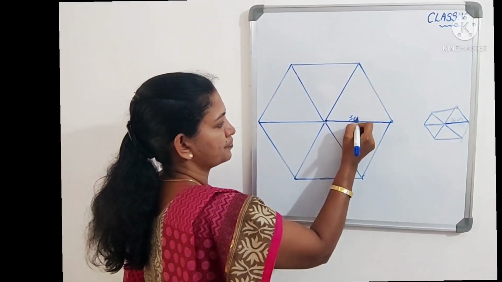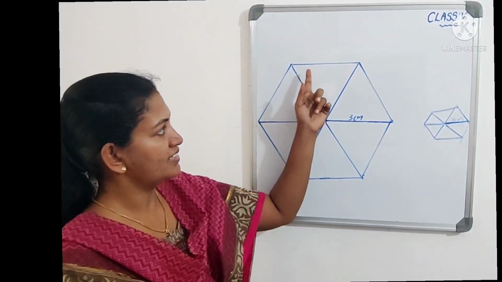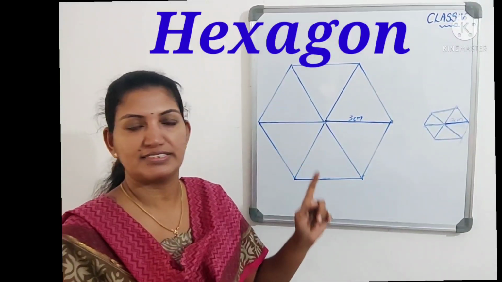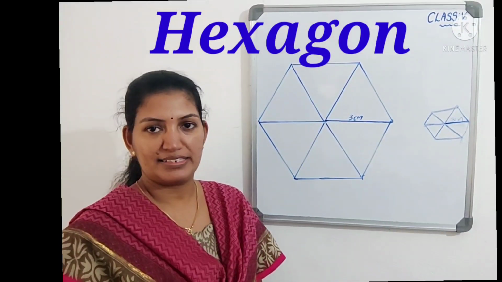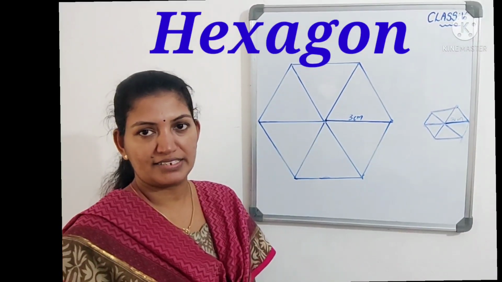Now we got the figure. How many sides does this figure have? 1, 2, 3, 4, 5, 6. We studied that 6-sided figures are called hexagons. Now we got a figure with 6 sides, called a hexagon.